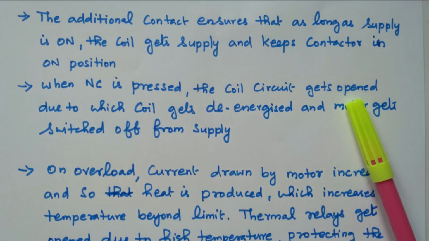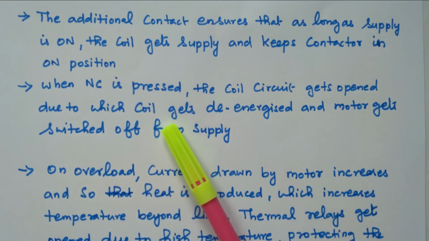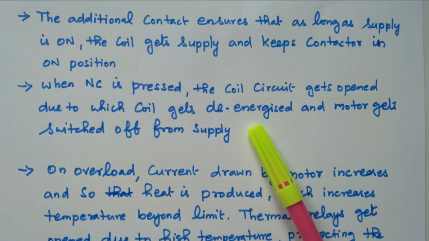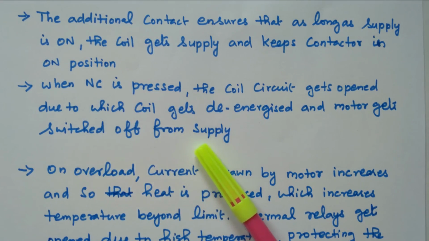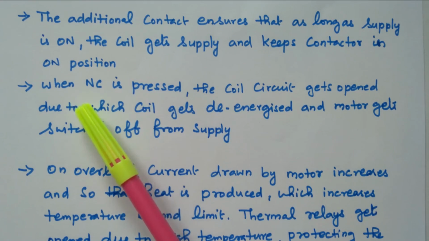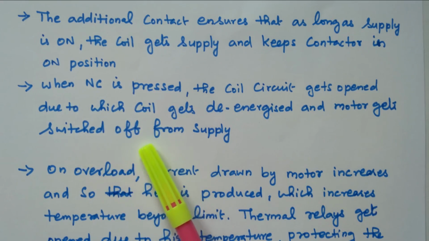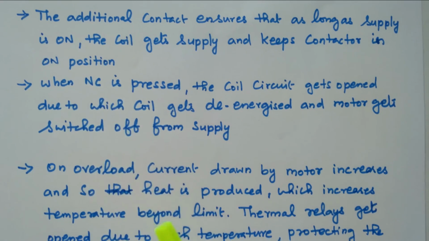While pressing the NC, the circuit is disconnected, the coil is disconnected, so the coil gets de-energized, so the motor gets switched off from the supply. Due to de-energizing, the attraction will be gone, so the contactor will disconnect the supply. So this is another method. If you want to disconnect the supply from the motor, we can press the NC.